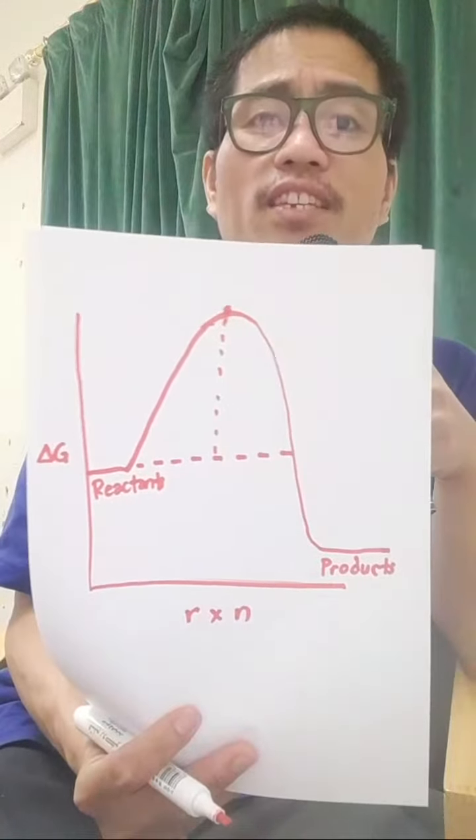Draw an imaginary horizontal line. And after that, you also have to project a vertical imaginary line, like this, from here to here. And then it will reach the topmost point, which is called the transition state.